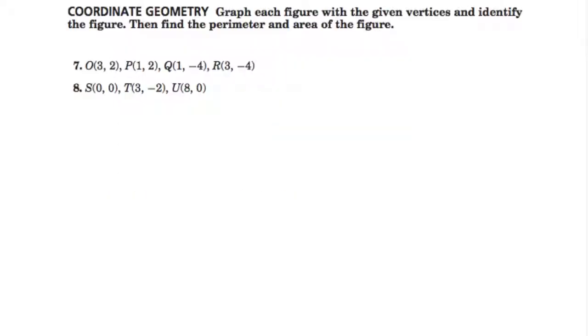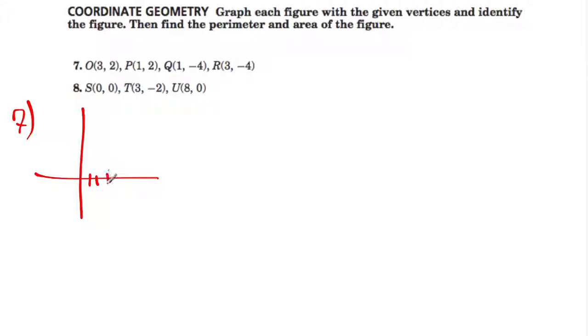Okay, now we could also have some coordinate geometry where we need to look at these points and find the perimeter. Well, perimeter is the distance around. So for number 7 here, let me just draw a quick sketch.